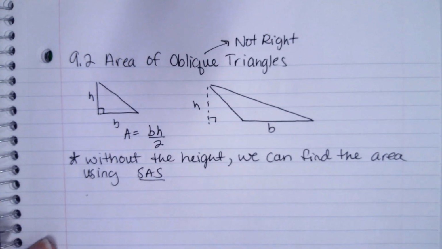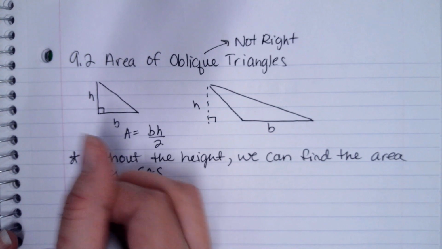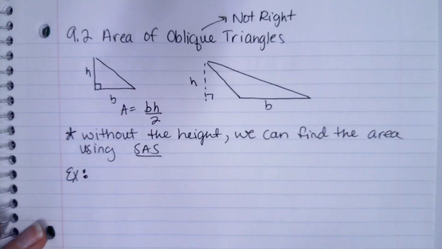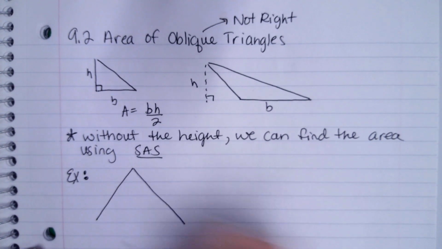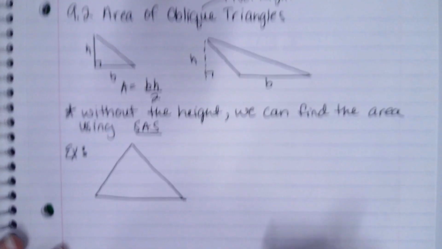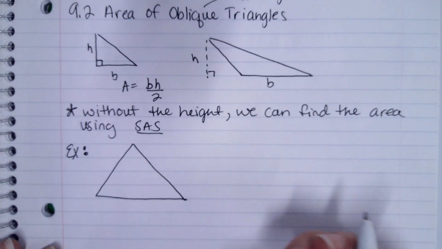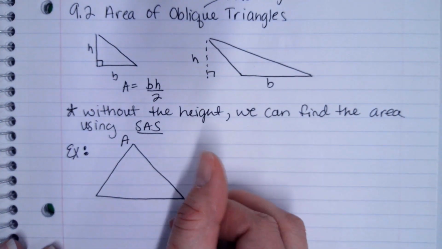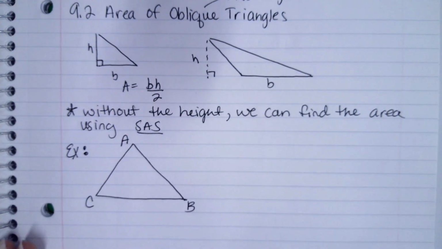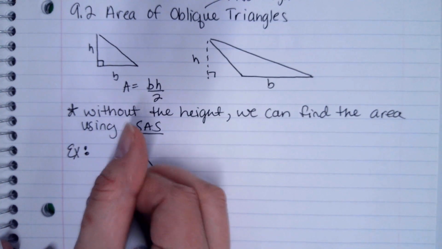So I want to know, if I'm giving you this triangle, here's an example. We're going to figure out the formula together. I say to my empty classroom. We're going to figure it out together, you and me. Starting with this triangle, I'm going to call it ABC. And I'm going to tell you that I have angle C, which is 49 degrees.